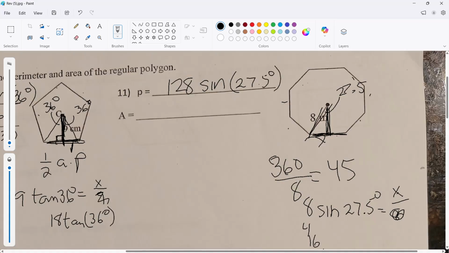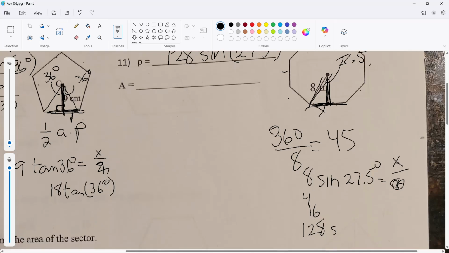Wait a minute, wait just a minute. 8 times sine of 22.5, so 16.